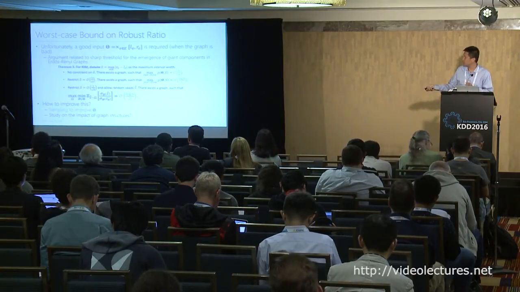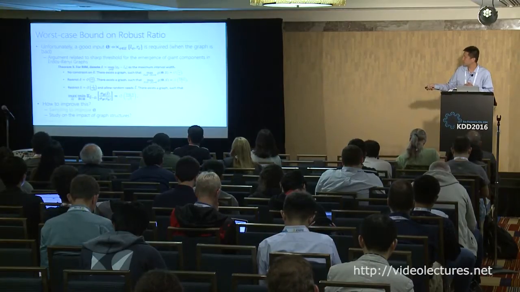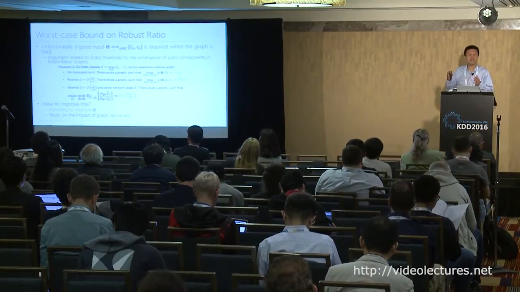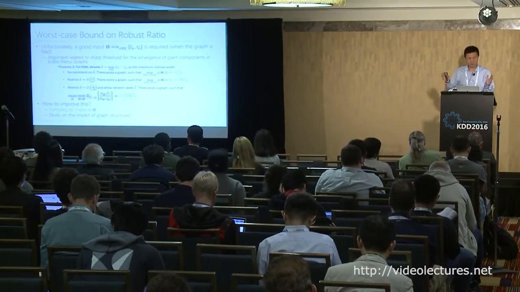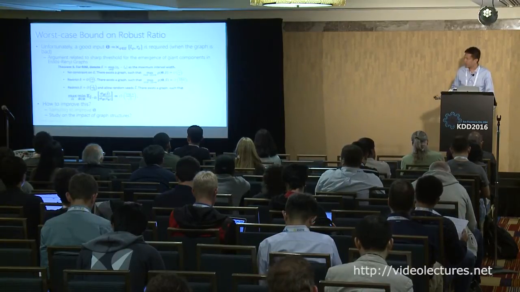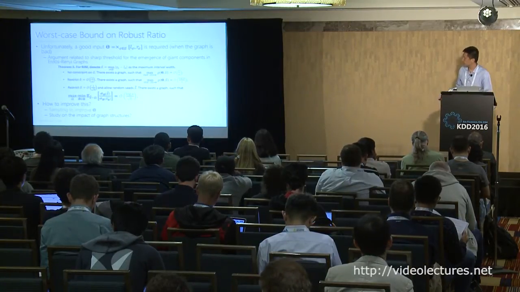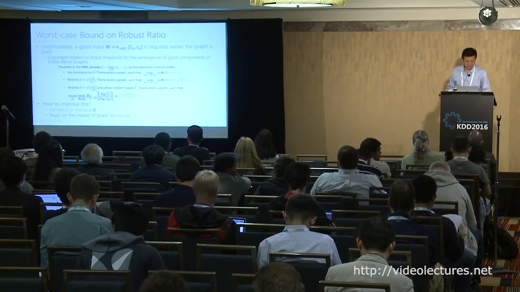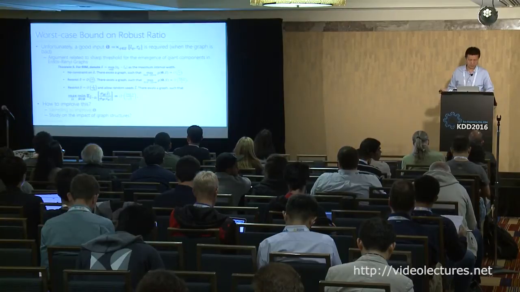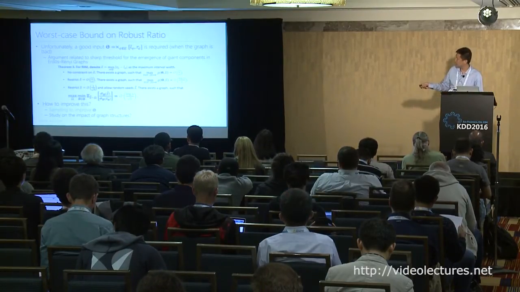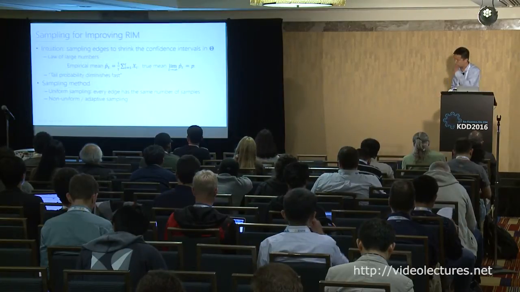And there are two possible choices. In this paper, we explore the first choice called sampling. We try to do further sampling on edges to shrink the interval to make the result better. And the other, we left as future work: basically, studying graph structure's influence or dependency on the gap ratio.